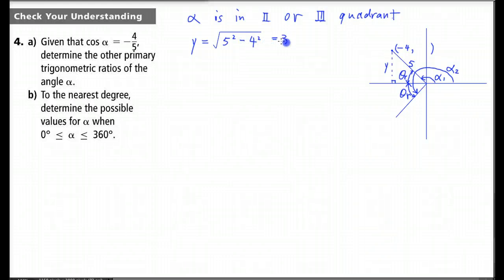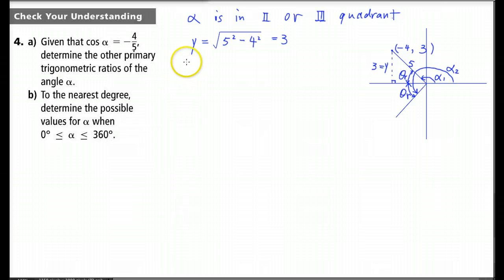We should get 3. So the y should be equal to 3, right? I didn't actually draw this to scale, so the y is actually smaller than the x. And since we already got everything in this triangle formed by the reference angle, you can find out the other ratios right away.